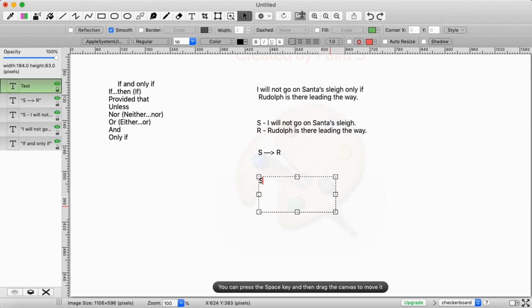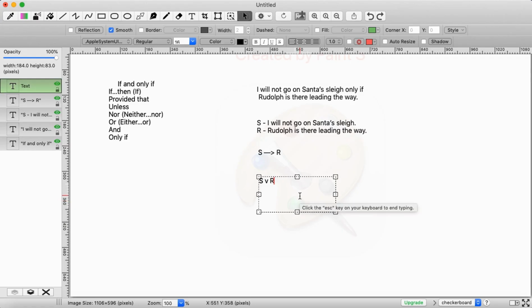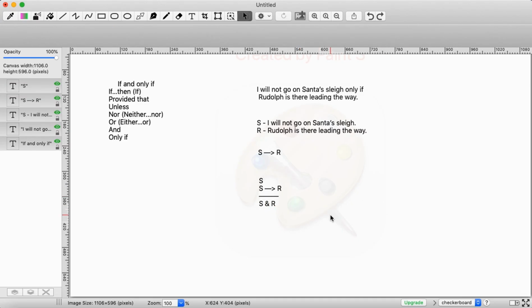Okay, so S, and now we need S and R. Let me do it like this, this combines a few. S and R. Yeah, there we go. So does this make sense?